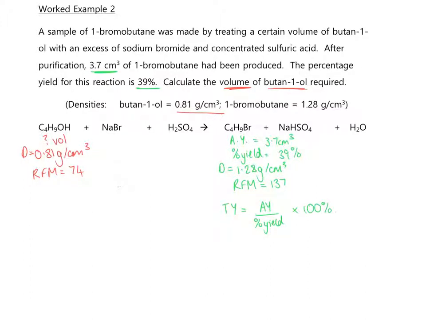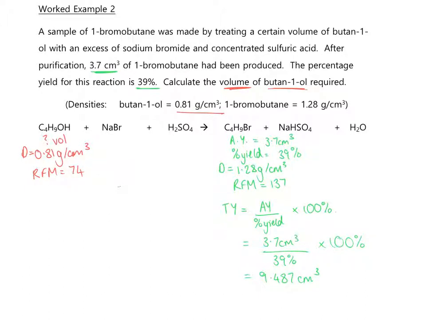Essentially, I want to work out what 100% yield would be. So our actual yield is 3.7 centimetres cubed. Our percentage yield is 39%, and I'm scaling that up to 100%, so it times by 100%. Pop that into your calculator, it should come out as 9.487 centimetres cubed.